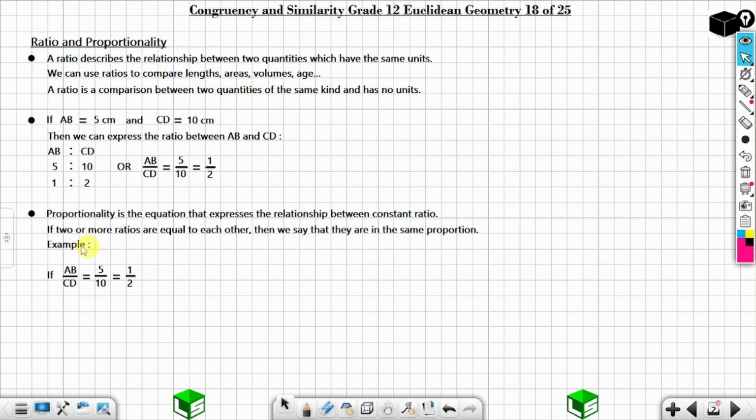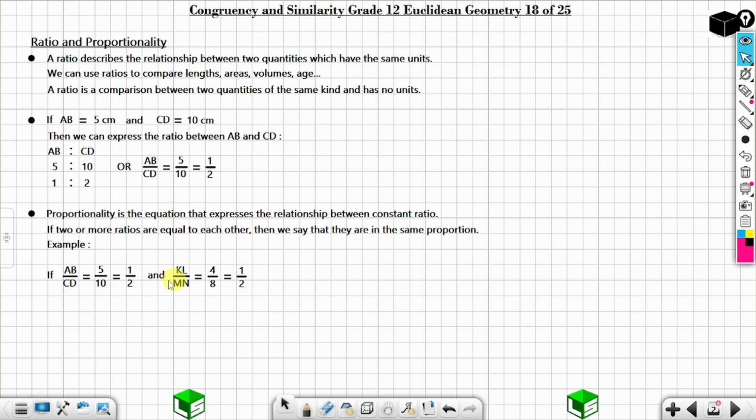If you have this ratio and another ratio between KL and MN, which is equal to 4 over 8, if you simplify, you are going to have 1 over 2. Can you see? The two ratios are equal. 1 over 2 and 1 over 2.